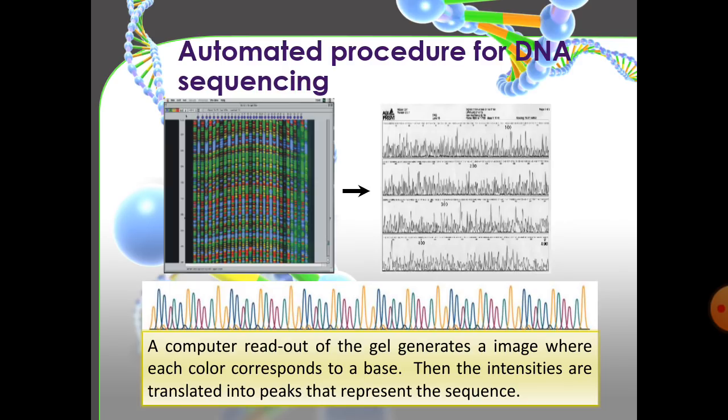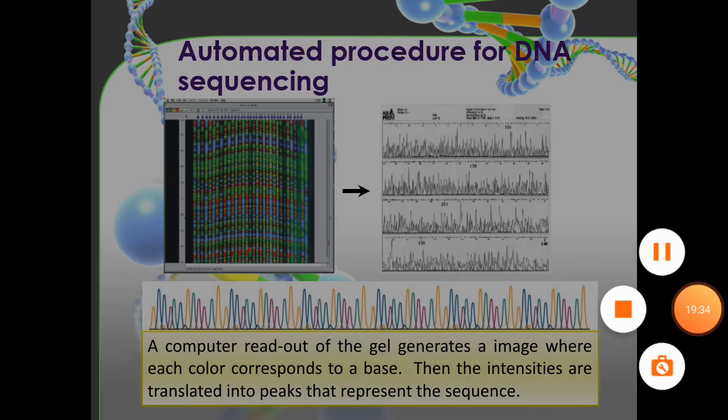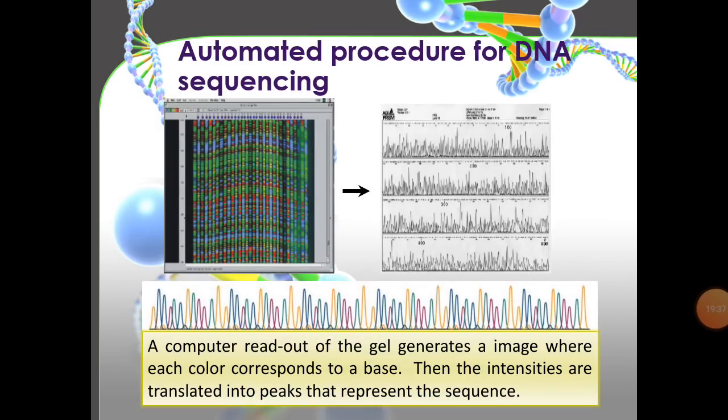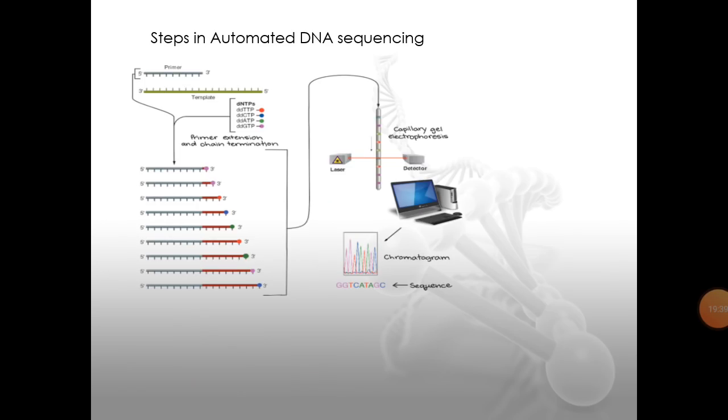Here the intensities are translated into peaks that represent the sequence. Now here we shall see the steps in automated DNA sequencing, which is used in modern sequencing technology, which is based on Sanger's principle.